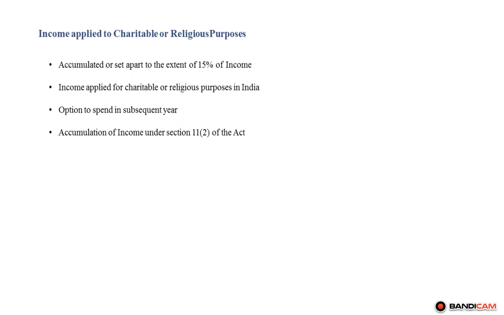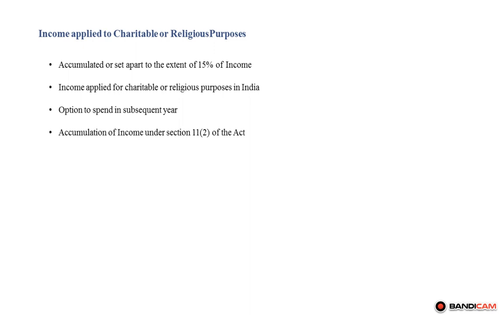So here income earned by the trust is applied to different purposes. The purposes given here are that part of income is accumulated for meeting future expenses to the extent of 15% of income.